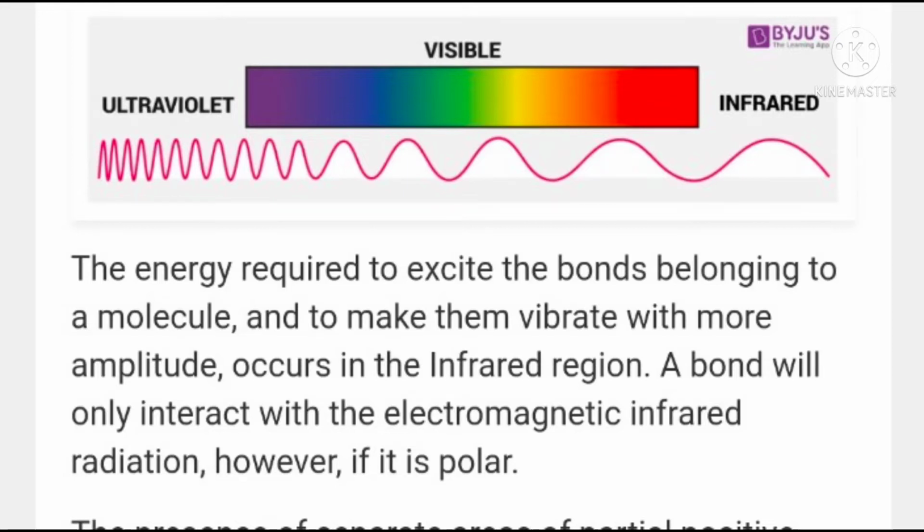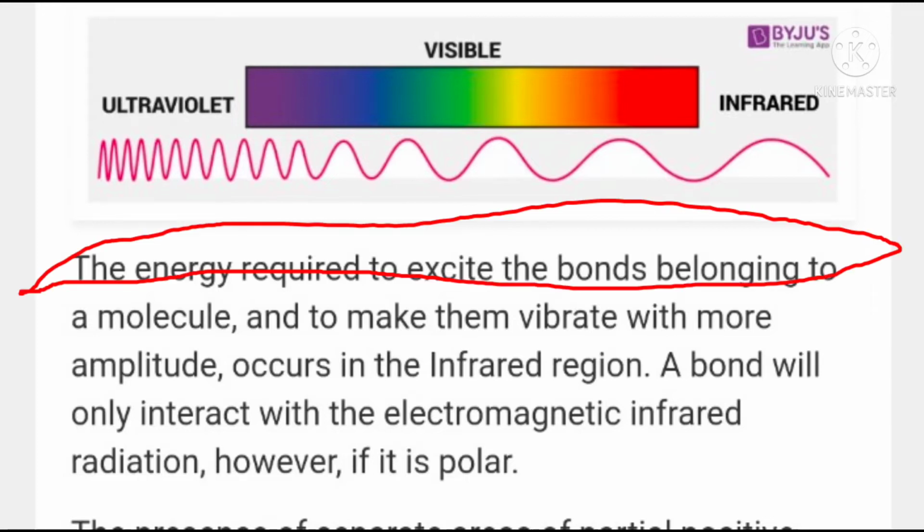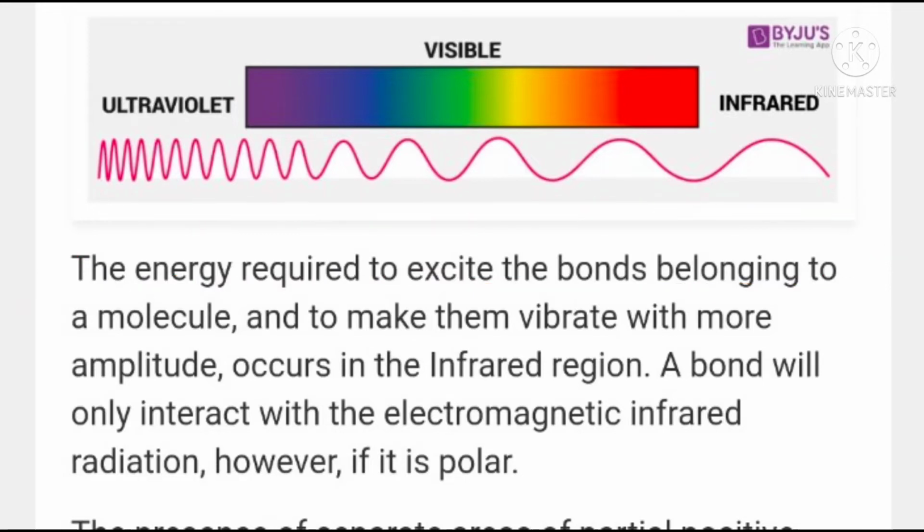A bond will only interact with the electromagnetic infrared radiation if it is polar. Energy is required to excite the bonds belonging to a molecule and make them vibrate with more amplitude.